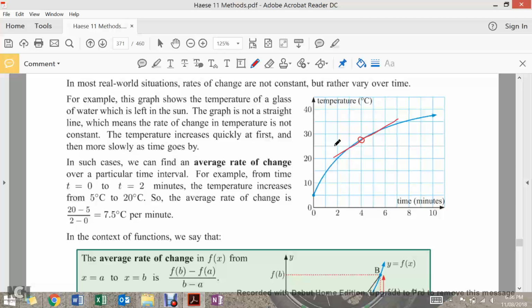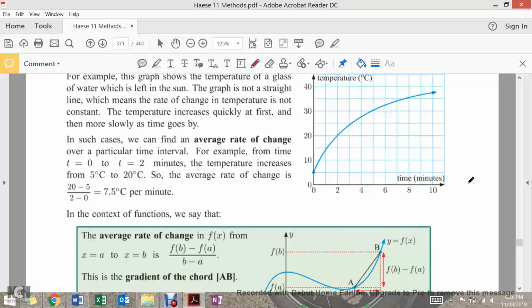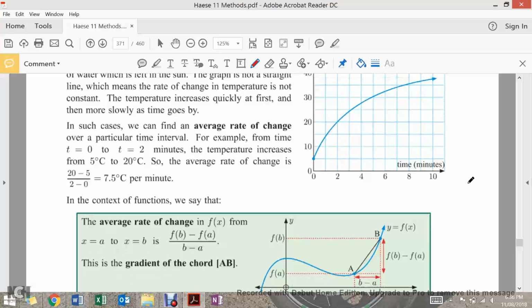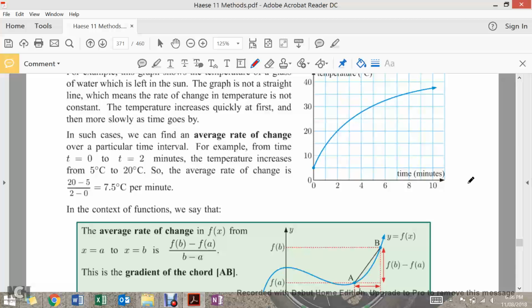What you could do is draw a line through that point there, get 2 points around here approximately, and get the slope that way. Well, that's a possibility. What we're going to look at is the average rate of change between 2 points.